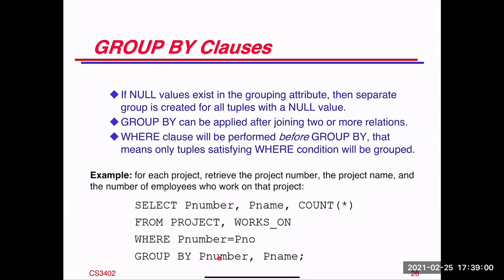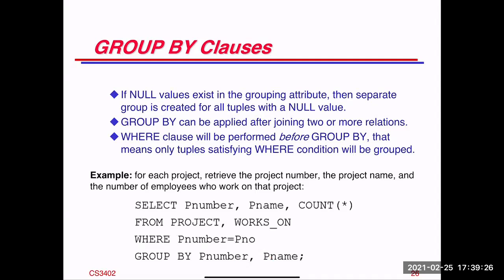And then we're going to group by these two attributes, p number and p name. So what does this mean, group by p number and p name? Well, it just means that all tuples that have the same value for both of these will be in the same group.